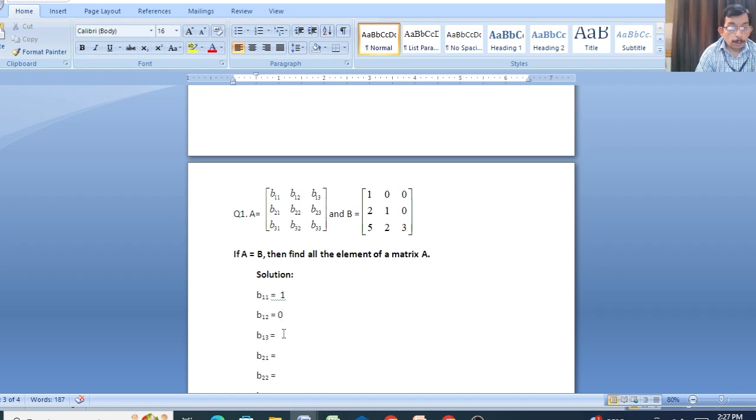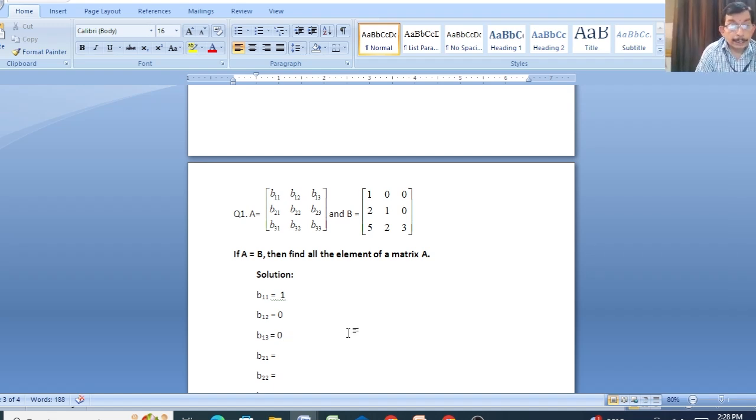Now B13 means the first row, third column element. In matrix B, the first row, third column element is 0. Same-position elements are equal in equal matrices.